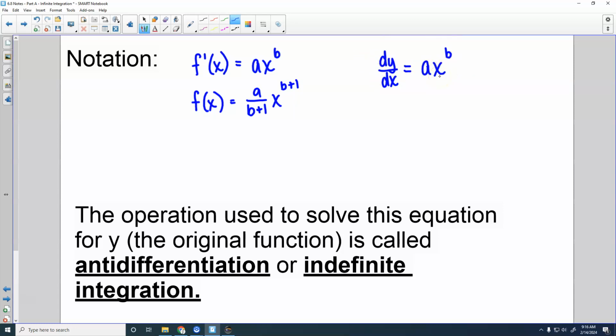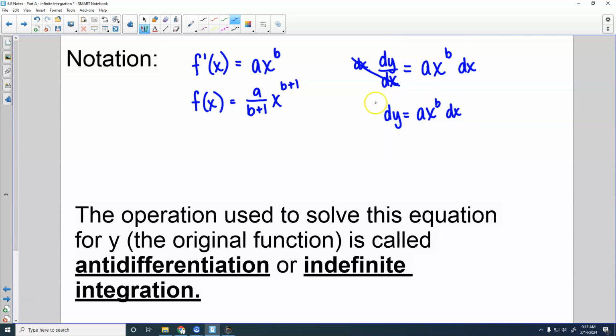In order to solve a differential equation, you have to have all the x stuff on one side and all the y stuff on the other. So what I would have to do here is multiply this side by dx to get rid of this, and I'd have a dx over here, which means I've got dy equals ax to the b power times dx.